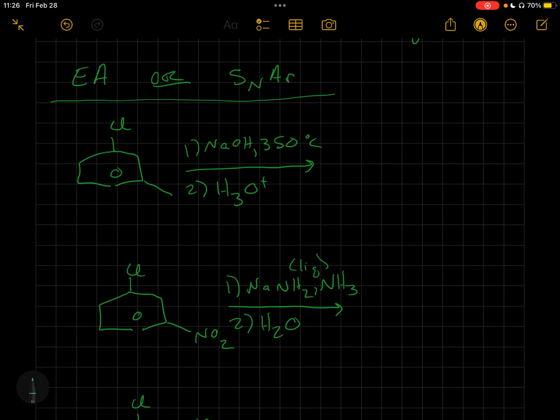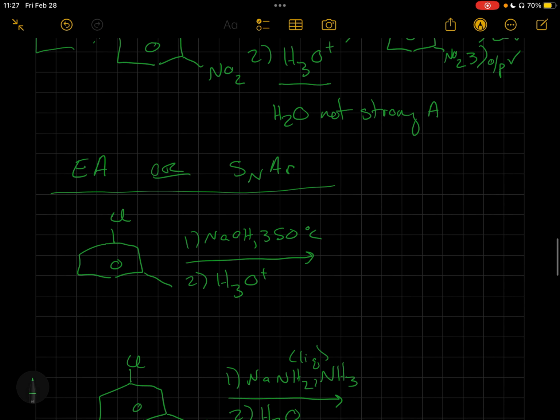The next portion of your worksheet talks about elimination-addition, and that's a very unimaginative name. Literally, you're doing an elimination on the benzene. That's going to create a very weird-looking intermediate that you can see in our slides. And in the book, it's a benzyne intermediate, so it's literally creating a structure that has a triple bond in the benzene ring.